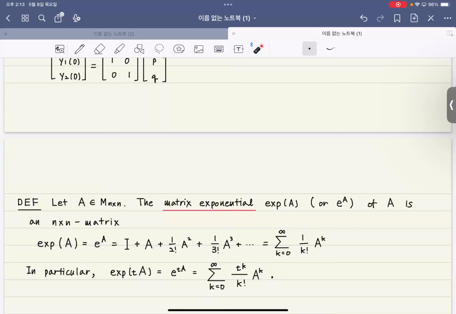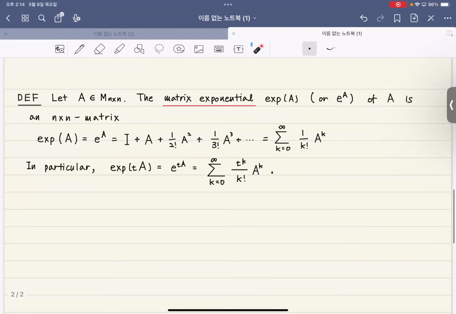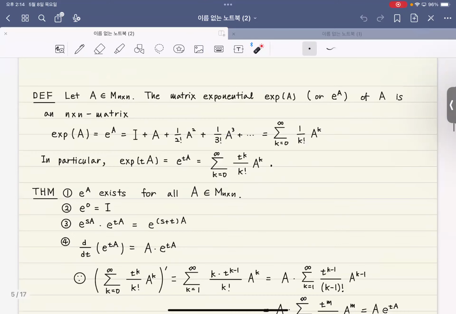We are dealing with an infinite series, and the first thing you have to worry about in an infinite series is convergence. If you can find at least one entry that doesn't converge, then this may not exist. Now I have a very interesting theorem.